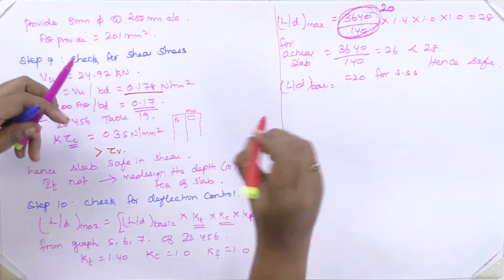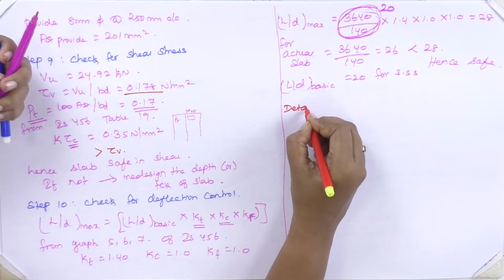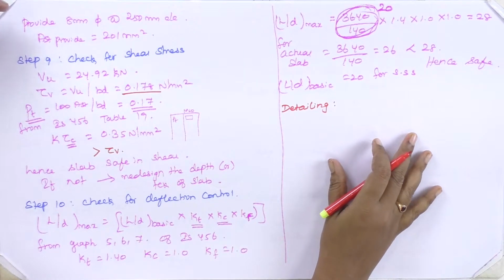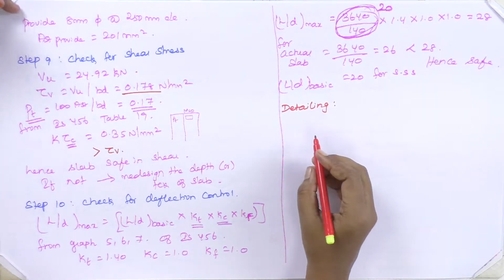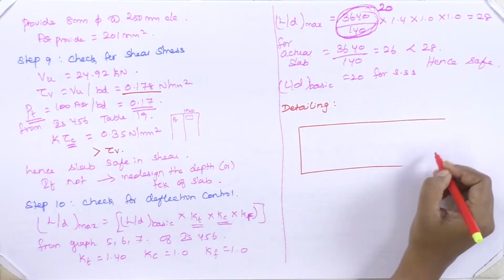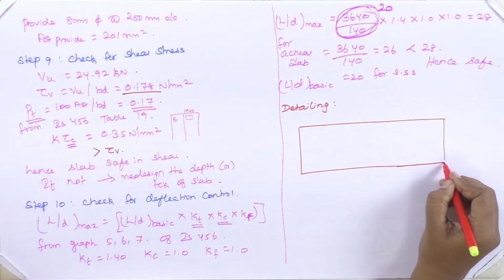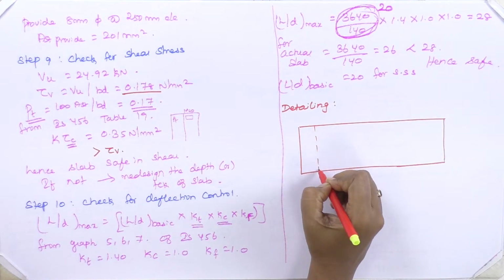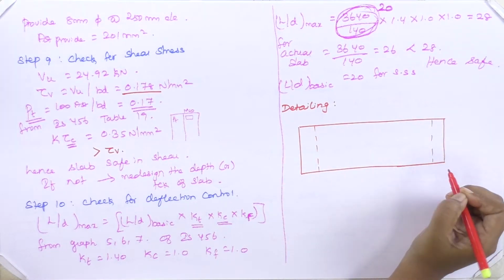Now, detailing. So, we have done some design. This is my slab, this is the supporting wall over there.